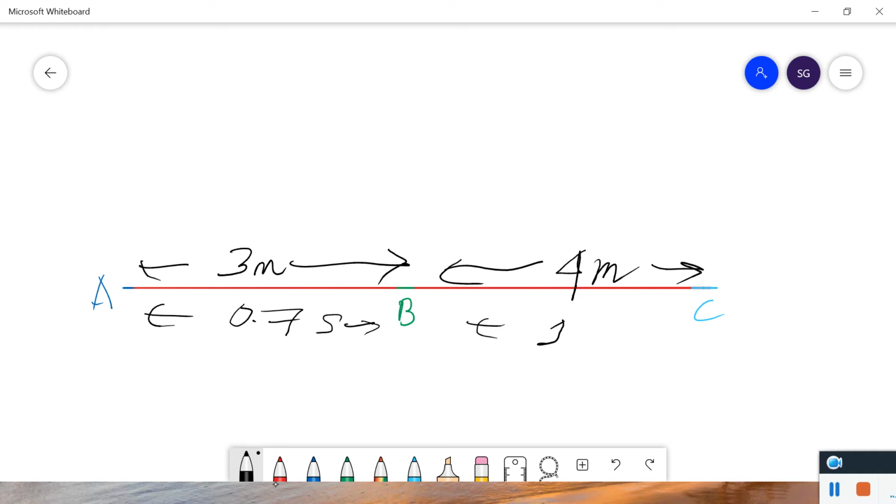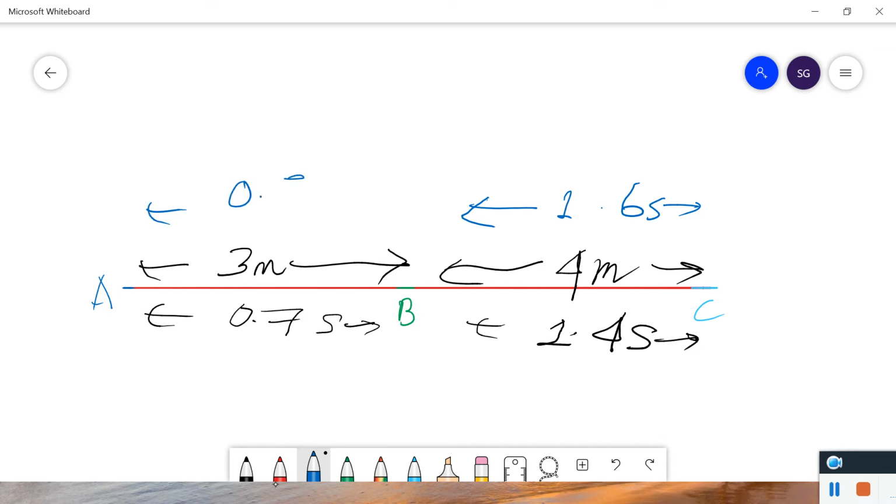Here it has taken 1.4 seconds. Whereas while coming back, he has taken 1.6 seconds, and here he has taken 0.5 seconds while coming back.